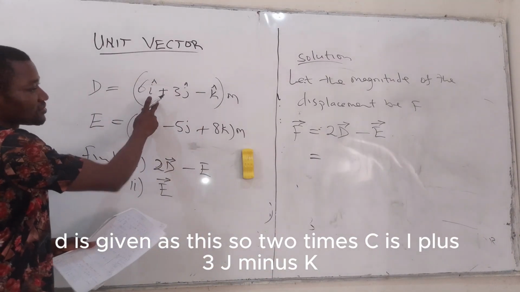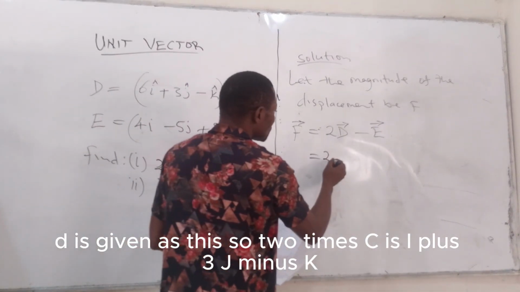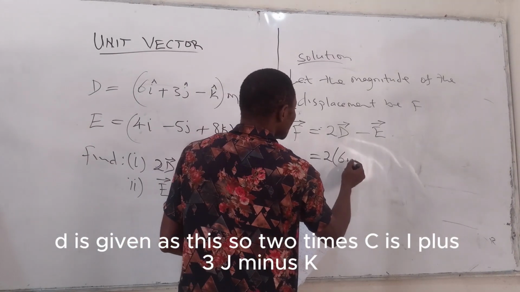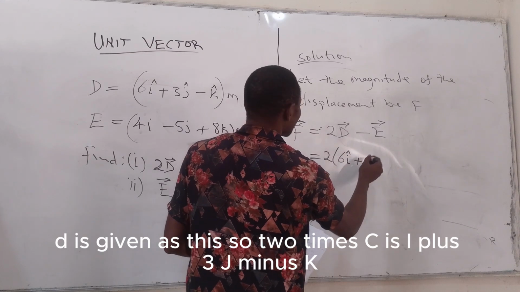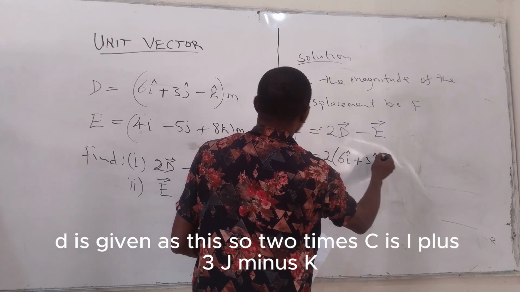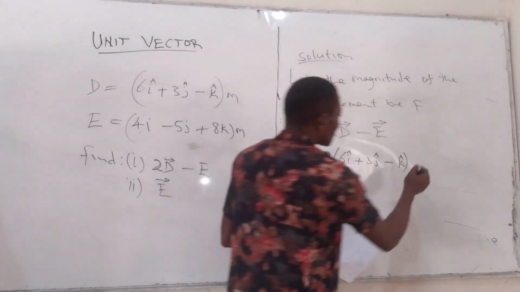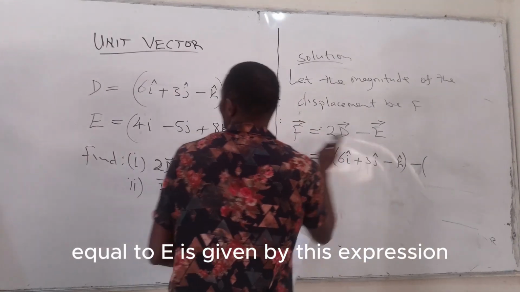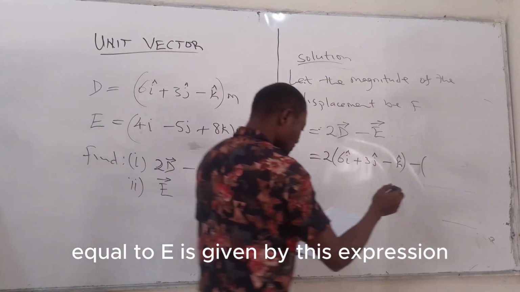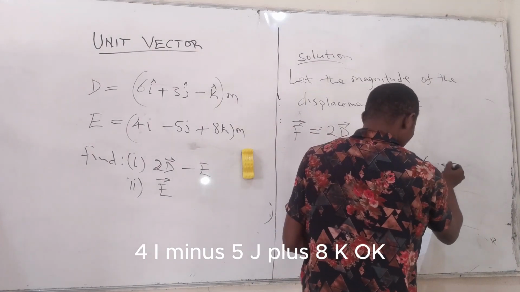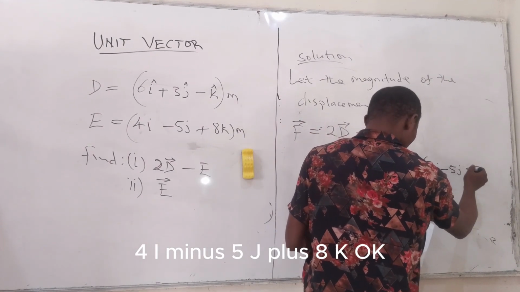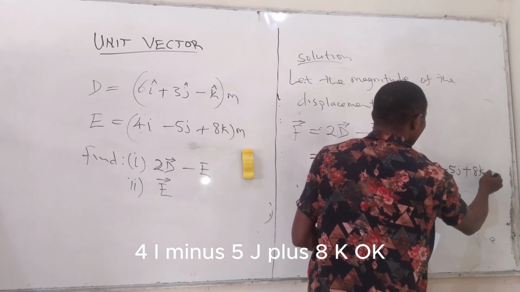D is given as this. So 2 times 6i plus 3j minus k, minus E, which is given by this expression, 4i minus 5j plus 8k.